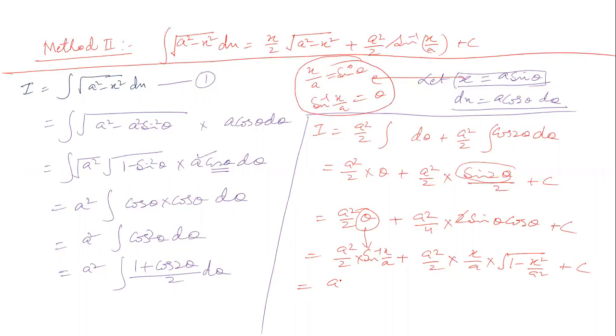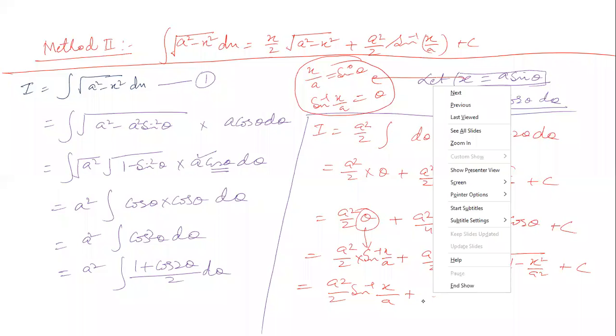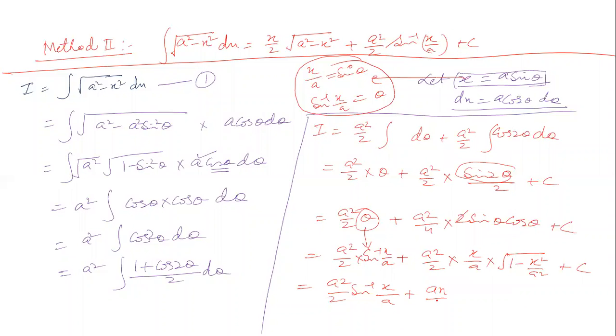It would be a square upon 2 sine inverse x upon a plus, a will cancel out, and you will get a x upon 2, and taking LCM, square root of a square minus x square upon a square, plus c.